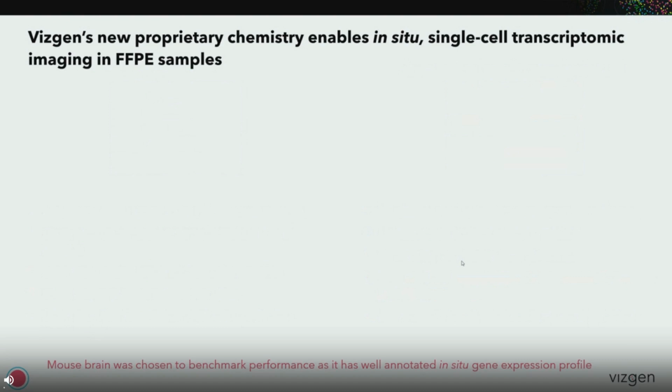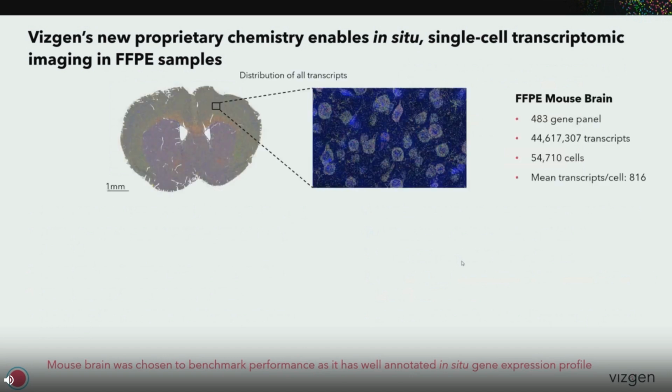To evaluate the performance of this technology, we have chosen FFPE mouse brain for MERSCOPE imaging because it has a very well annotated in situ gene expression profile, and thereby we can more accurately evaluate the performance of our chemistry in detail. Showing here is a 483 gene panel imaging in the FFPE mouse brain, and all the detected transcripts are shown across the tissue.